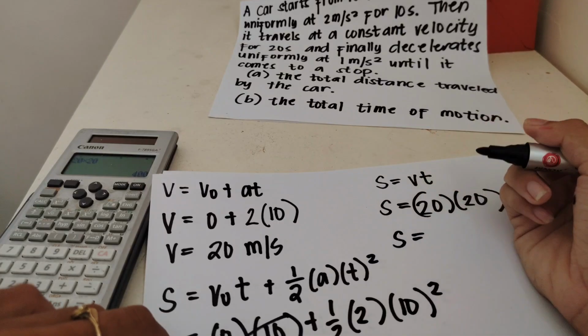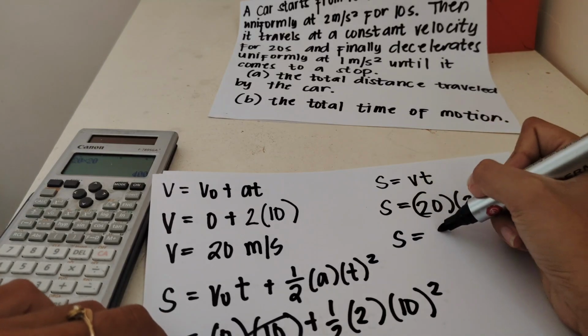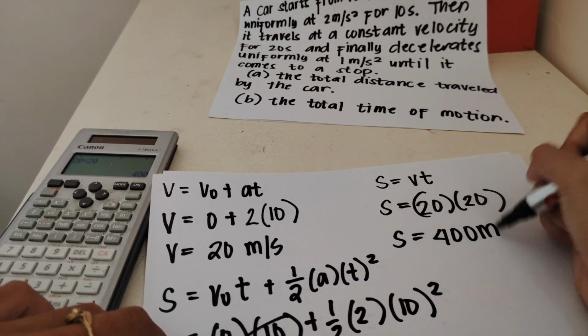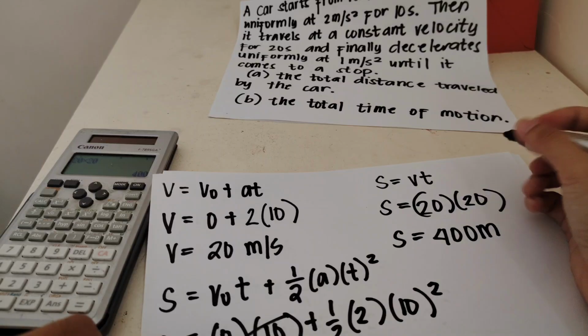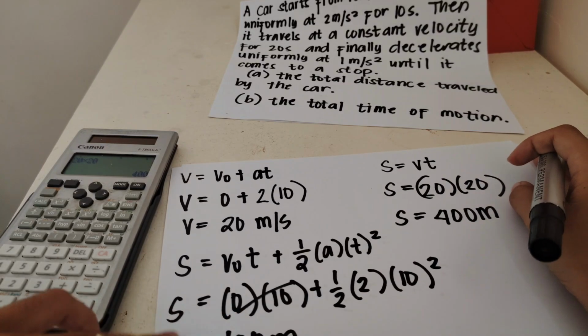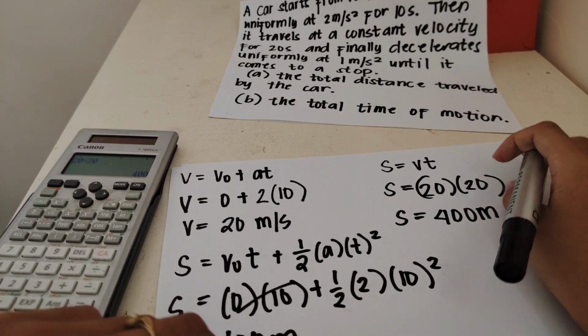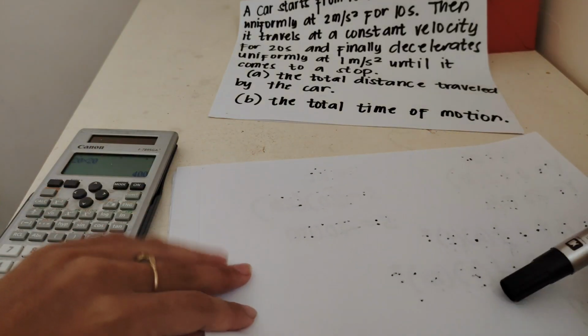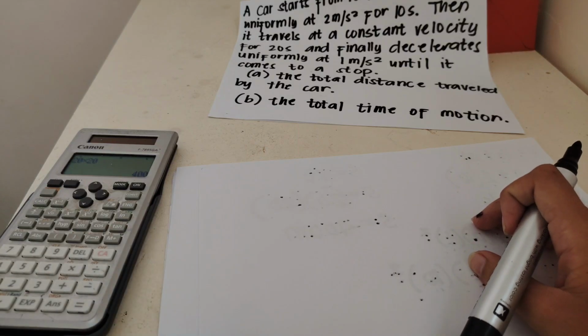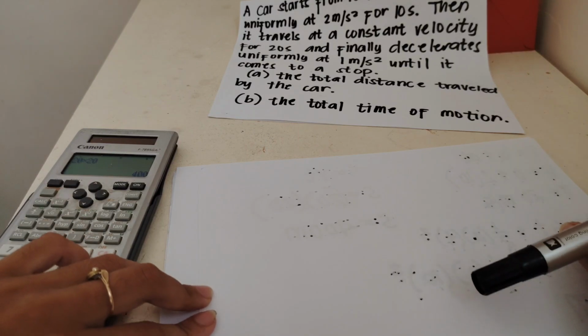So we have now the answer of the second phase, the distance of 400 meter. And then the last phase, the deceleration. We will calculate the deceleration phase.